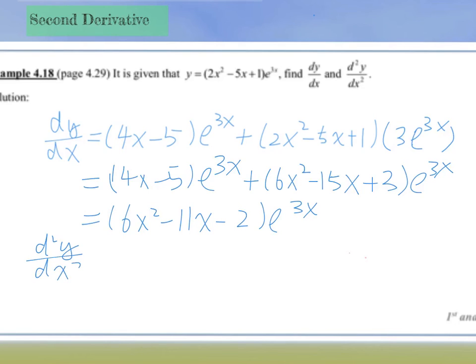And you see the difficulty is similar to the first one, okay? It means 12x minus 11. And then it will be back like this, okay?